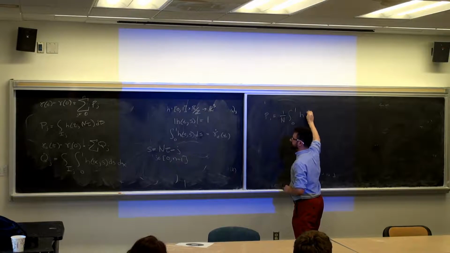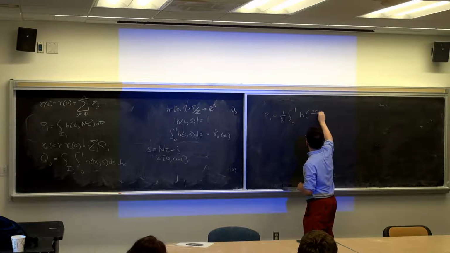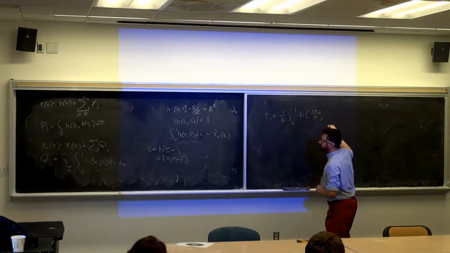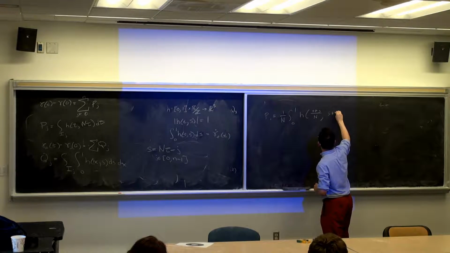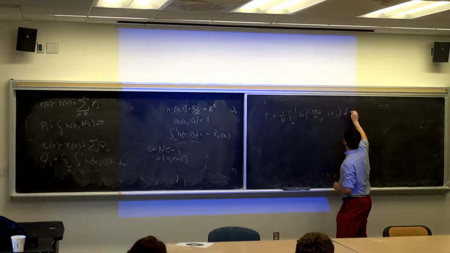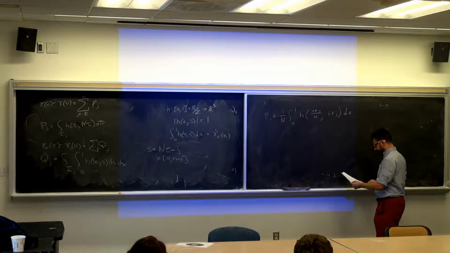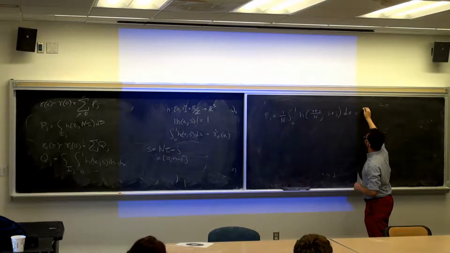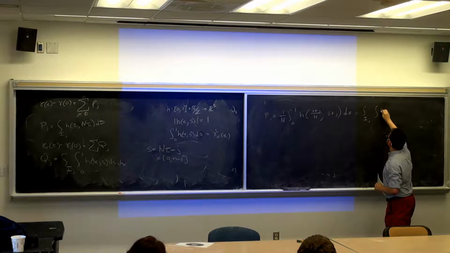And this becomes h of s plus j over n, comma s plus j. Which we can just write as an average over ij.